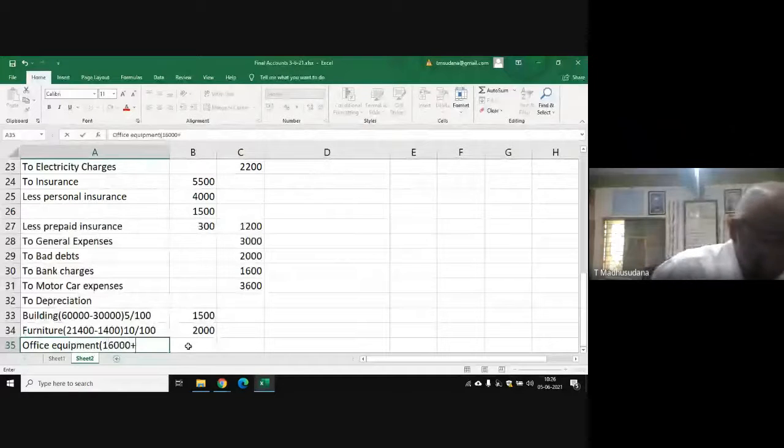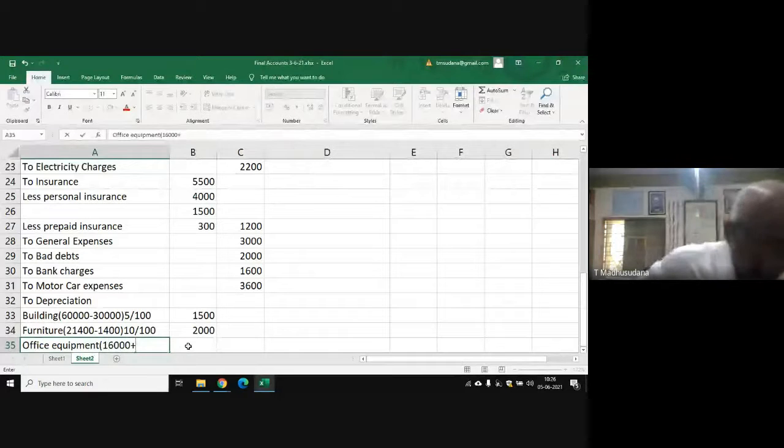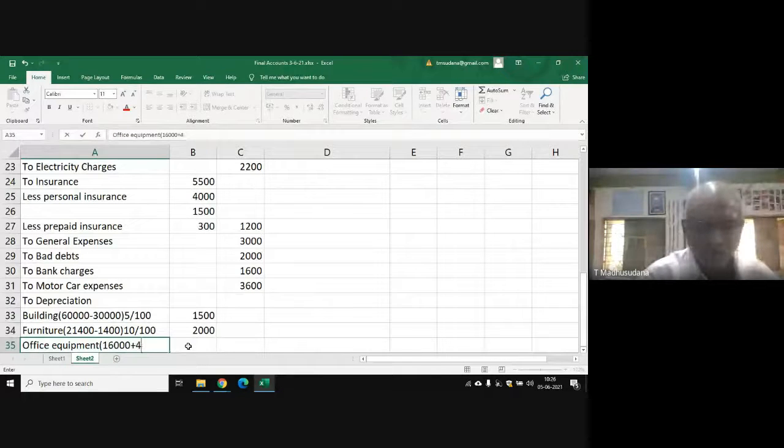Plus one typewriter was purchased during the year. What is the value of the typewriter purchased during the year? It is 4,000.